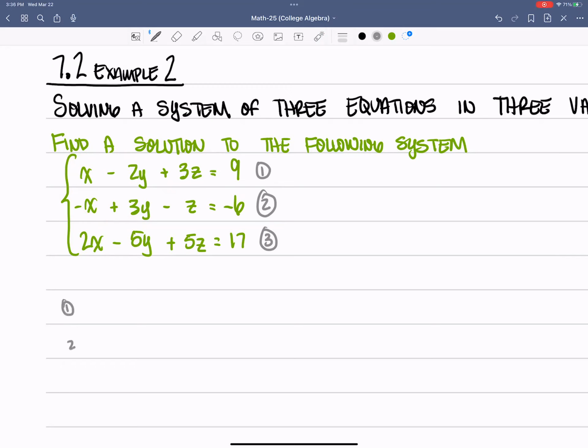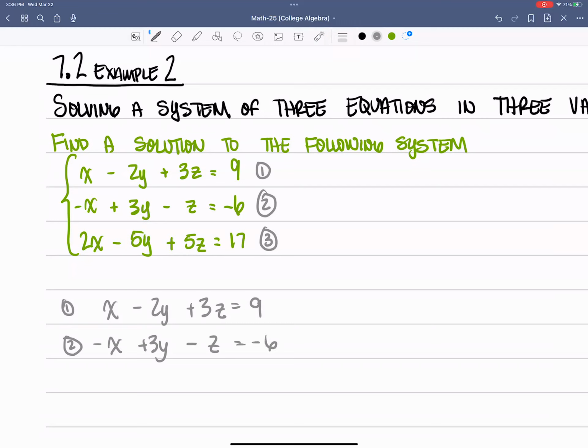So 1 and 2. Equation 1, x minus 2y plus 3z is equal to 9. Equation 2, negative x plus 3y minus z is equal to negative 6.